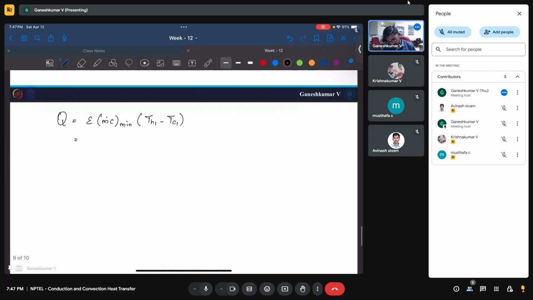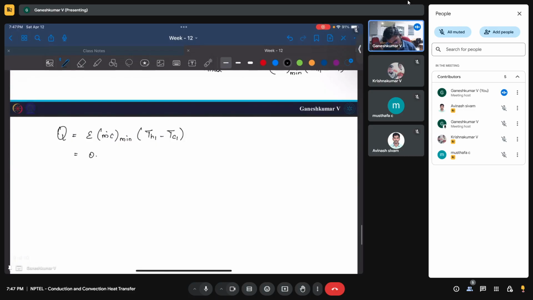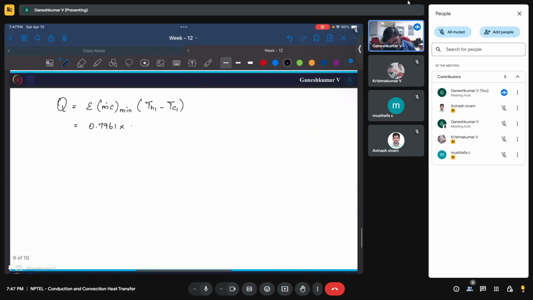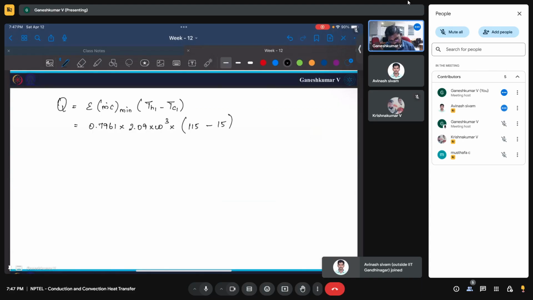This is going to be equal to effectiveness 0.7961, m dot C min 2.09 into 10 power 3, times TH1 which is 115 degrees Celsius and TC1 which is 15 degrees Celsius.